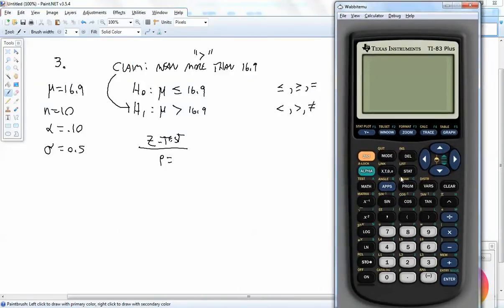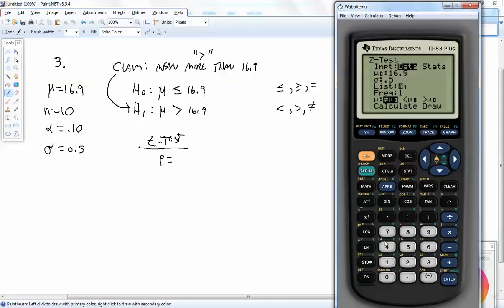Okay, so I'm going to go into my stat, go over to test, and choose z-test. This time we're given raw data, so I want to left arrow over and press enter on data. Down arrow, mu naught is 16.9. Sigma was 0.5. Your list we put into L1, so it should say L1.